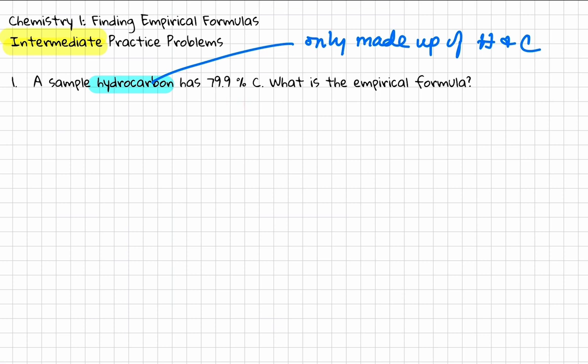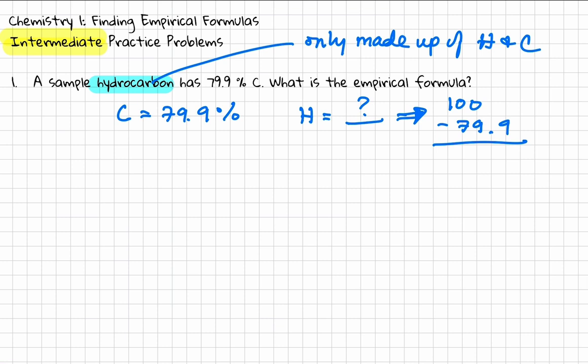So in the formula, C is 79.9%. So then hydrogen is how much? Well, it's going to be 100 minus 79.9%, which is 20.1%.